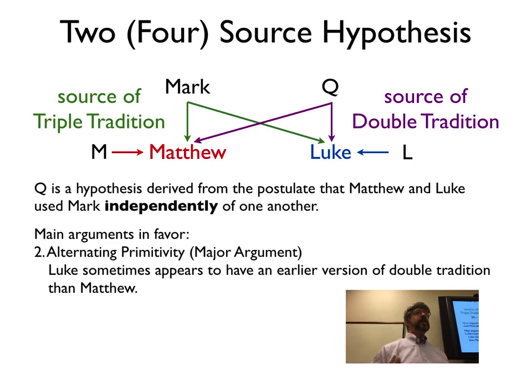Well, if Luke is copying Matthew and changing Matthew periodically, you would expect Matthew to always have the older version and Luke to have the edited version. If, however, they're both copying from Q, well, sometimes Matthew might make changes and sometimes Luke might make changes. Correct. Right? So you would expect sometimes Matthew would have the older version, sometimes Luke would have the older version. Okay? Are there any potential problems with this?